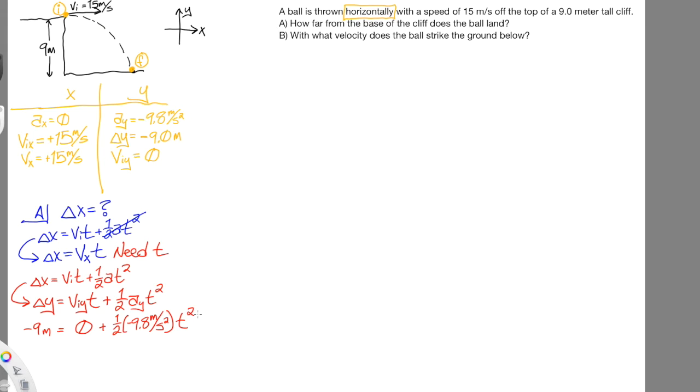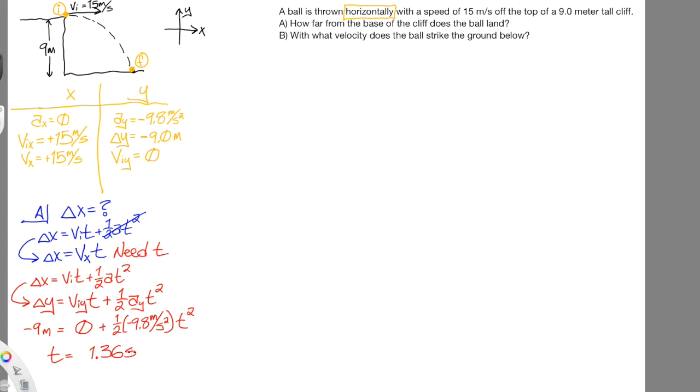So we have used the quadratic kinematic equation, but because the term with the t disappeared, we won't have to actually use the quadratic equation. So moving this all around and solving for what we need, we find that t equals 1.36 seconds.